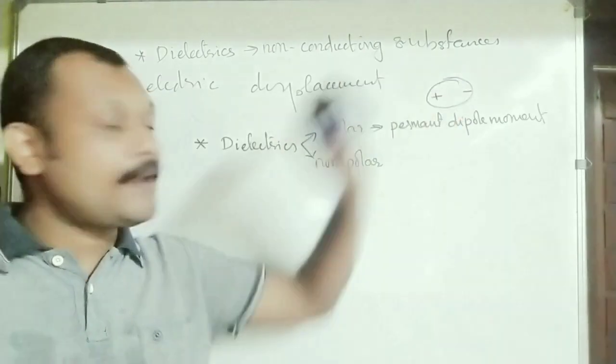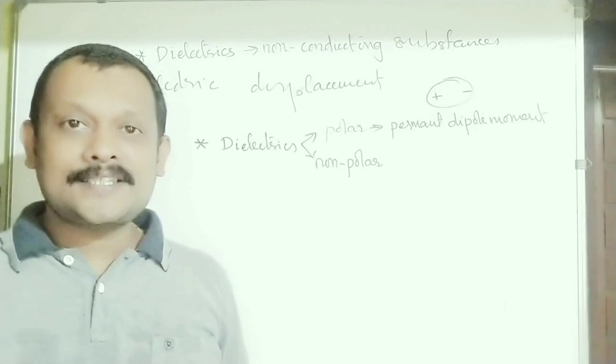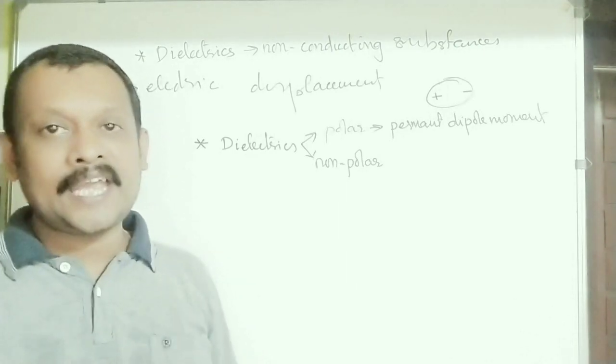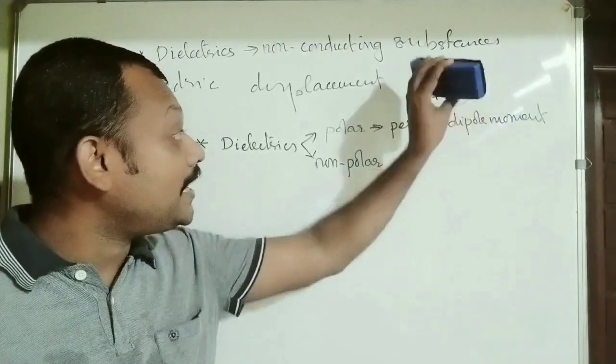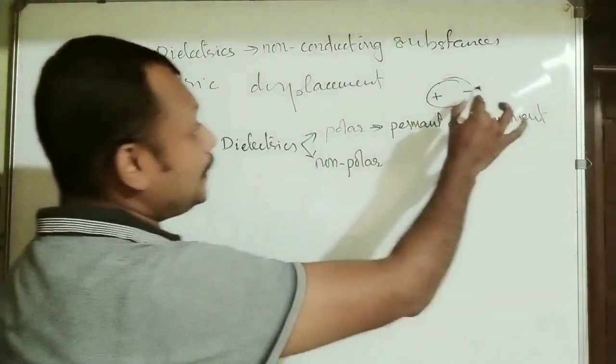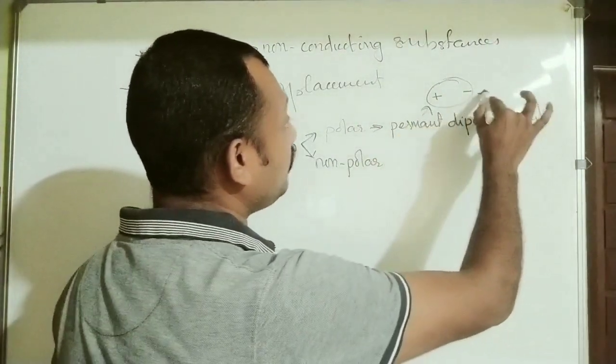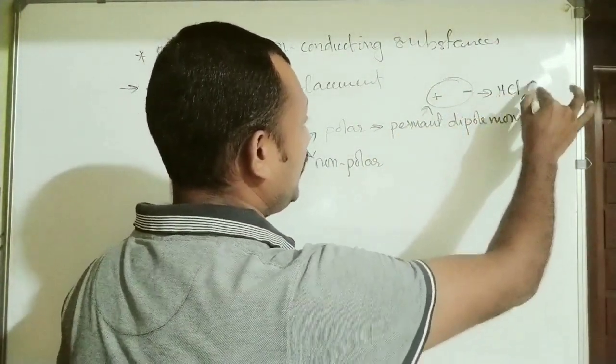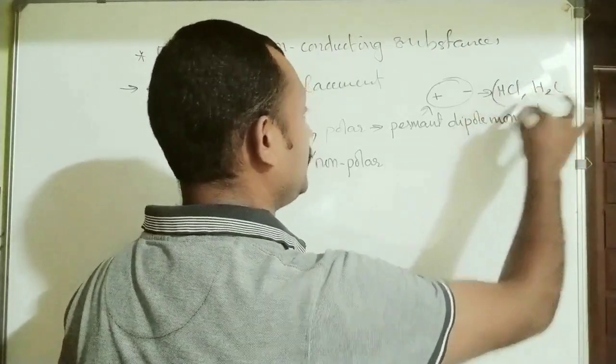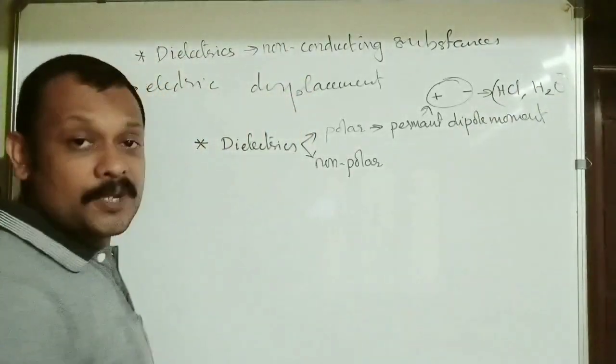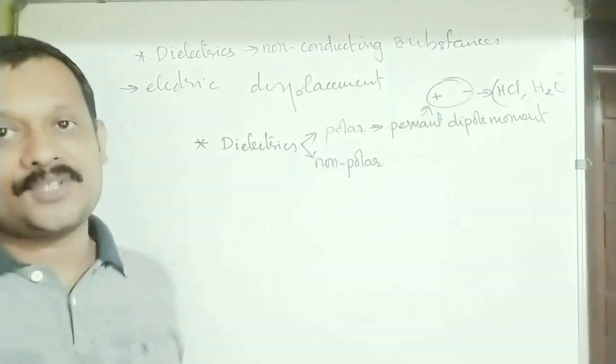Some examples for polar dielectrics are HCl, H2O. Then what is going to be non-polar dielectrics?